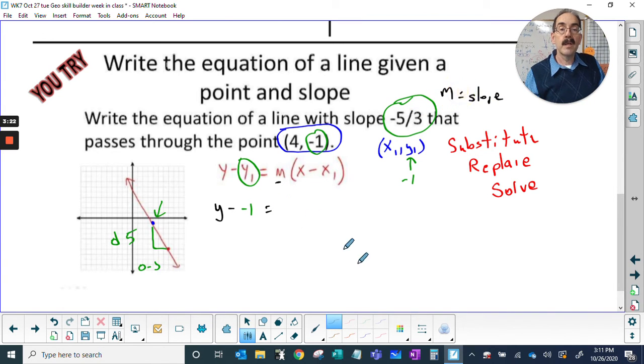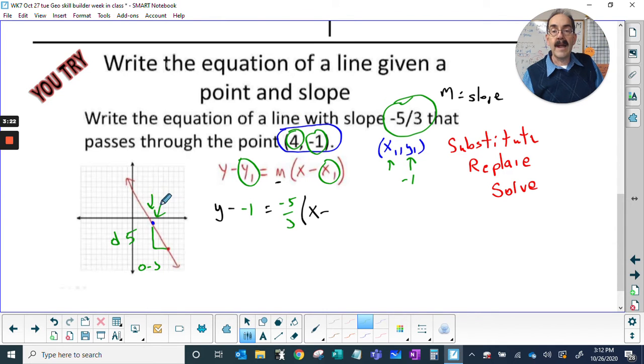So we're going to write in -5 over 3, times x minus what? x1. In our case, it's the number 4, that coordinate point, 4. Parenthesis. We've solved the assignment.